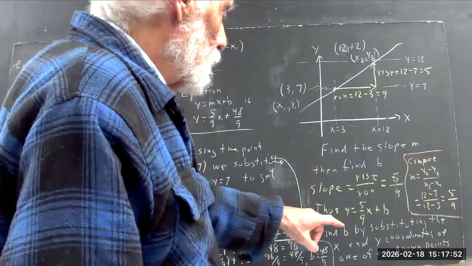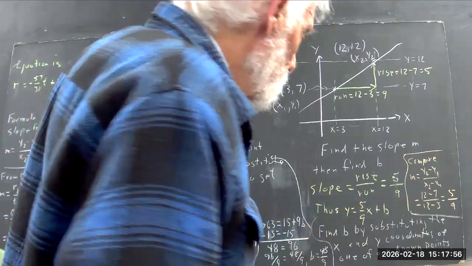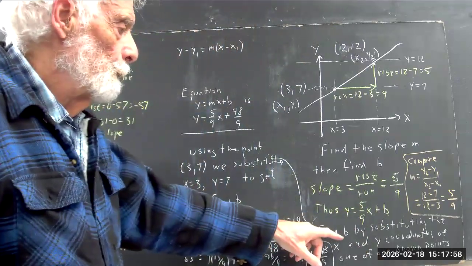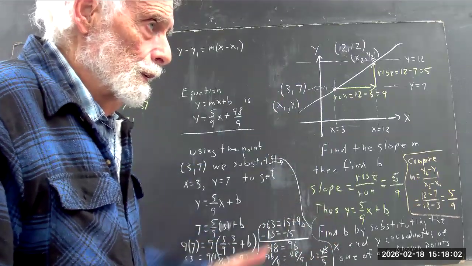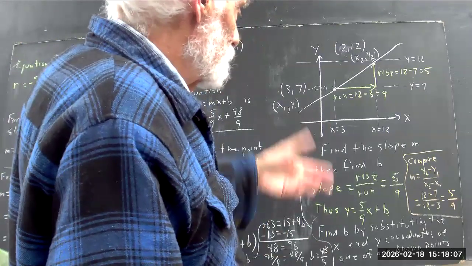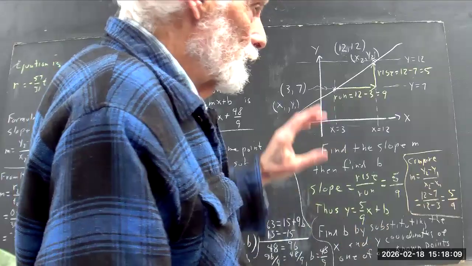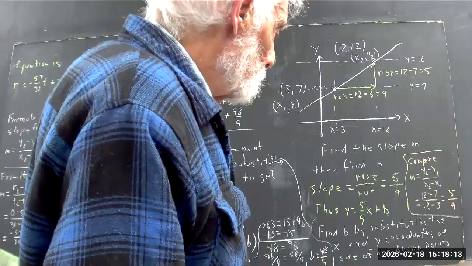So now we can write our equation either way, y equals 5/9 x plus b. How do we find b? X and y are variables. The parameters are m and b. The parameters are things that stay the same no matter what the variables are.